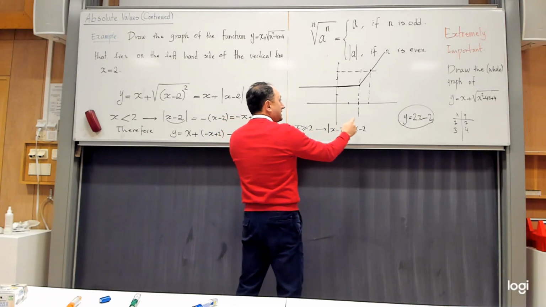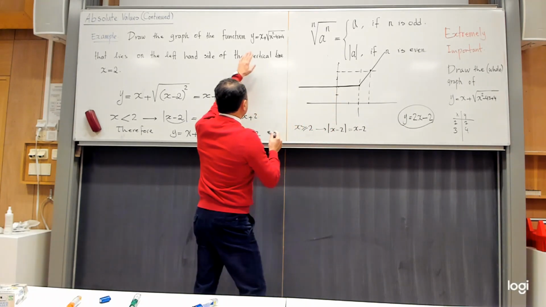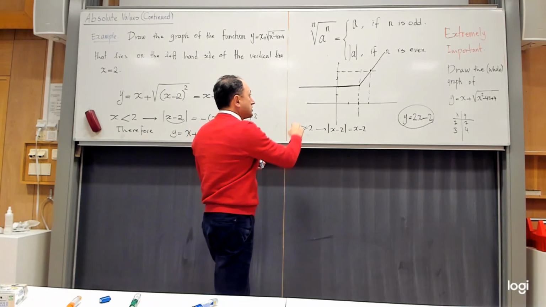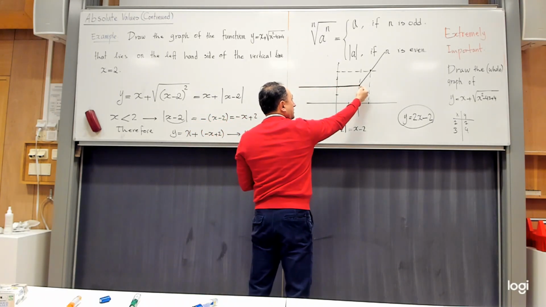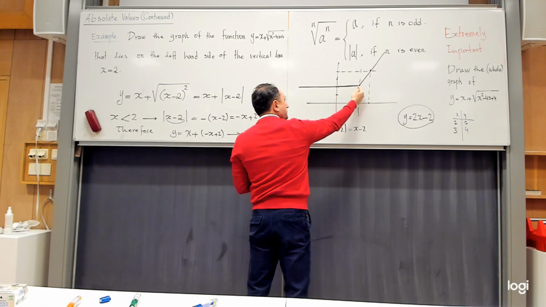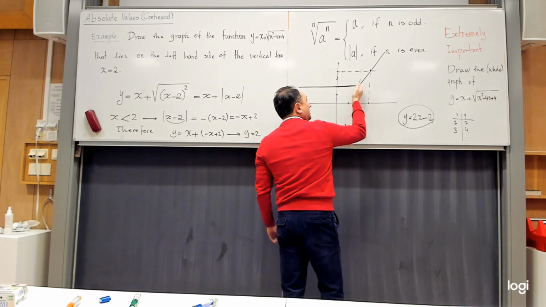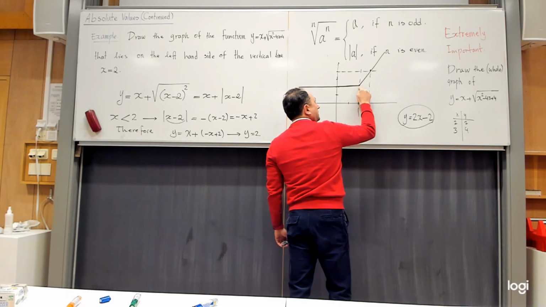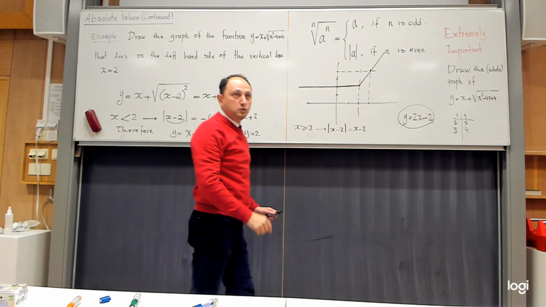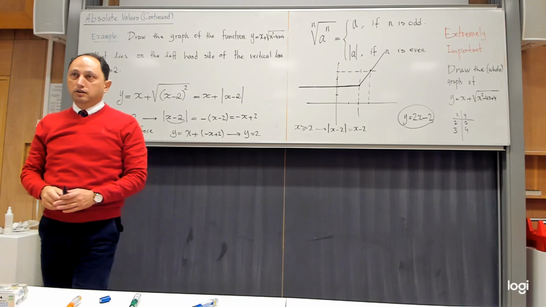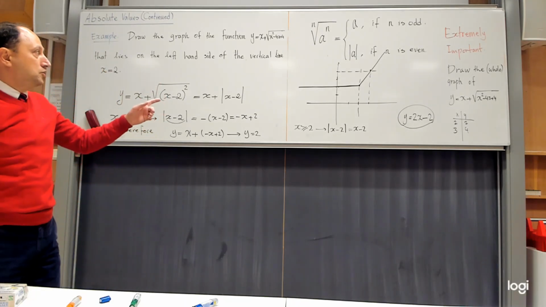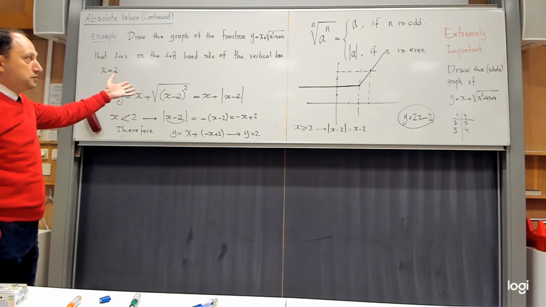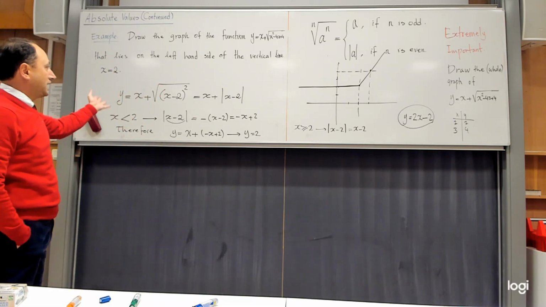So it means that the graph of this function consists of 2 parts: one horizontal line, it is not a line, one horizontal ray, it starts from here, goes to the left, and one inclined ray, starting from here going upward. So that would be the graph of the whole function. Yes? Is that understandable for everyone? So, yeah, I would consider it a hard problem at the level of your book, but that is not hard at all.